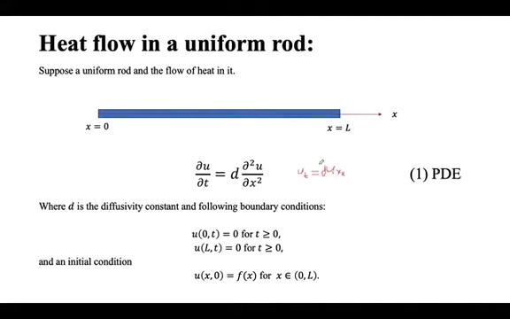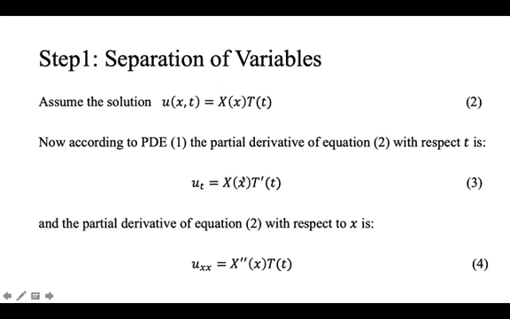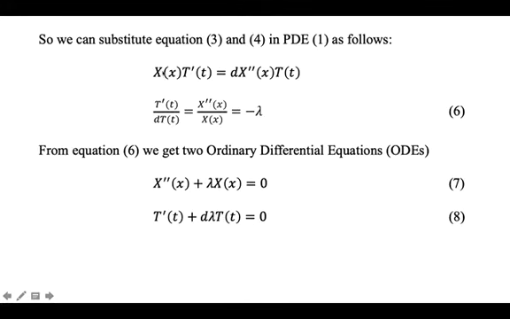So we have the value for this and this, so we substitute these values here. We have u_t on one side, and on the other side D u_xx.